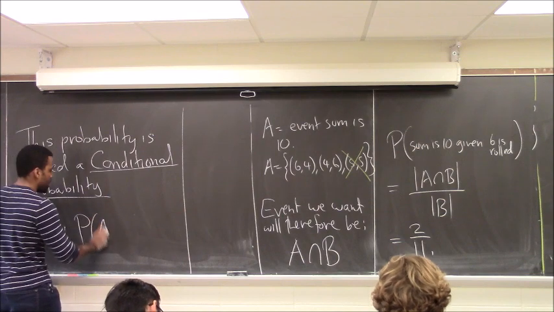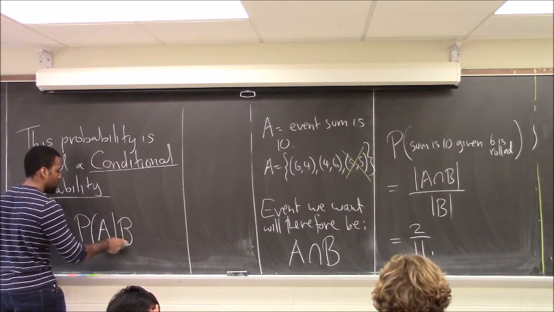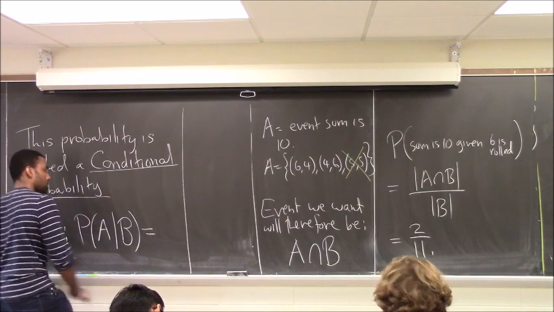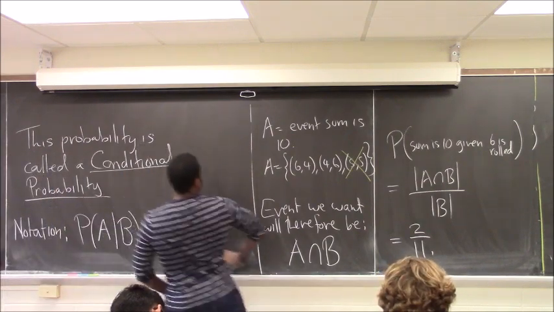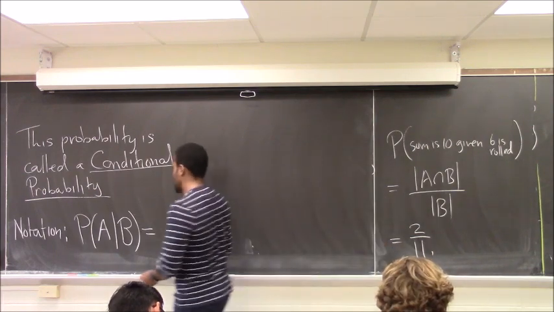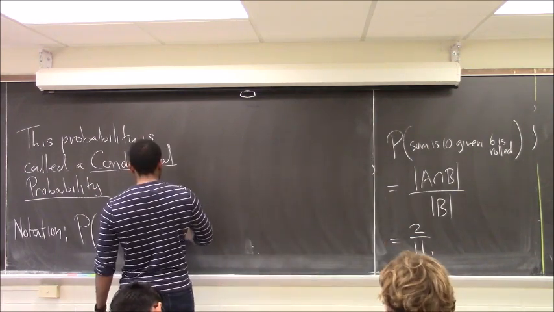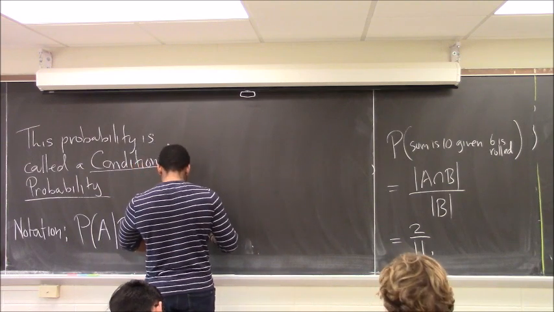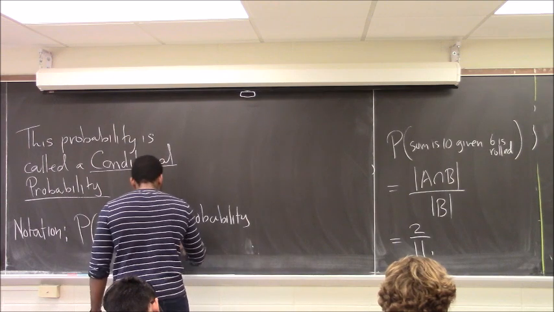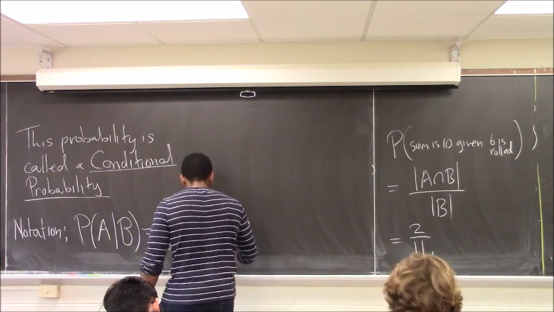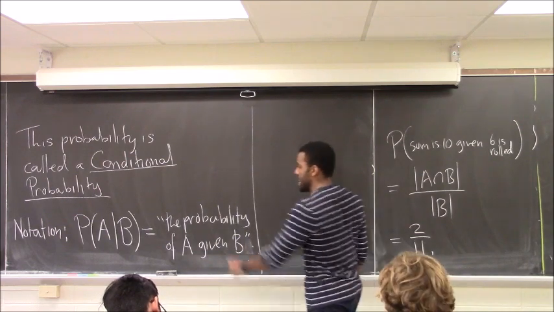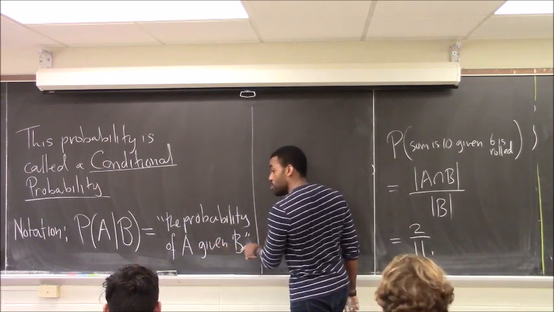P of A, you put a vertical bar and you put B. This is how it's read: this is the probability of A given B.